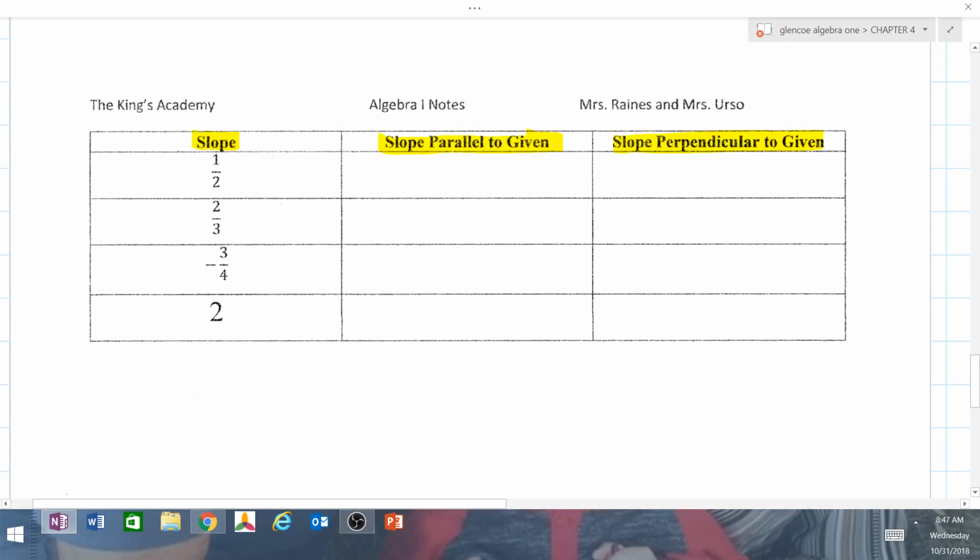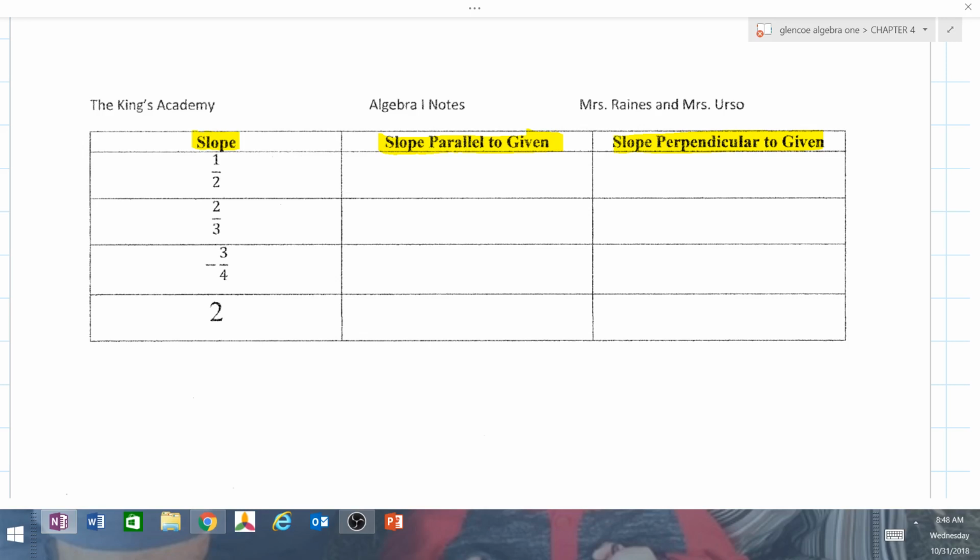So if I made a comment and I said this to you, hey guys, lines that are parallel have the same slope, then we should be able to fill this chart in. And when doing a problem and them asking you to write an equation of a line that is parallel to a given line, the first thing I want you to do is to look at the given equation.